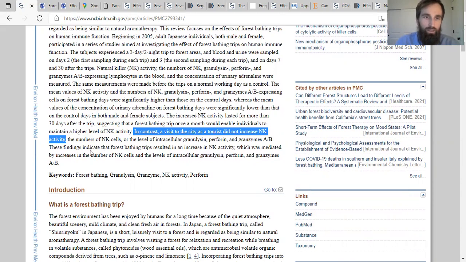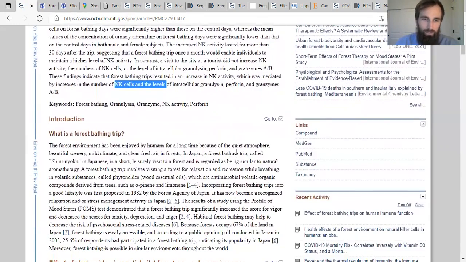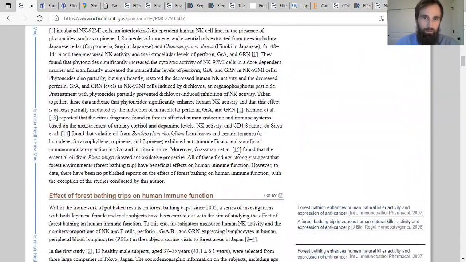The findings indicate that forest bathing trips resulted in an increase in natural killer activity, which was mediated by an increase in the number of natural killer cells and the levels of intracellular granulysin, perforin, and granzymes A and B. Those are the enzymes that activate the natural killer cells. So there were also increased levels of the natural killer cells themselves. Not just the activity of the cells, but the number of cells themselves were increased.